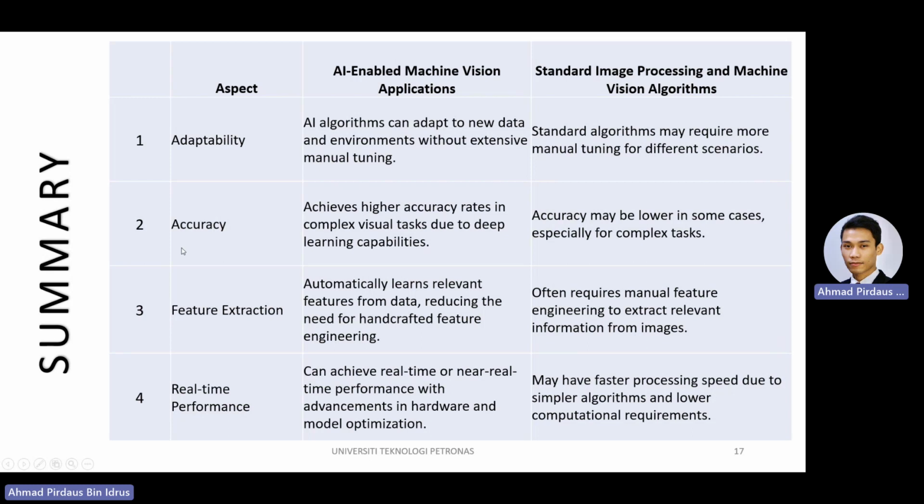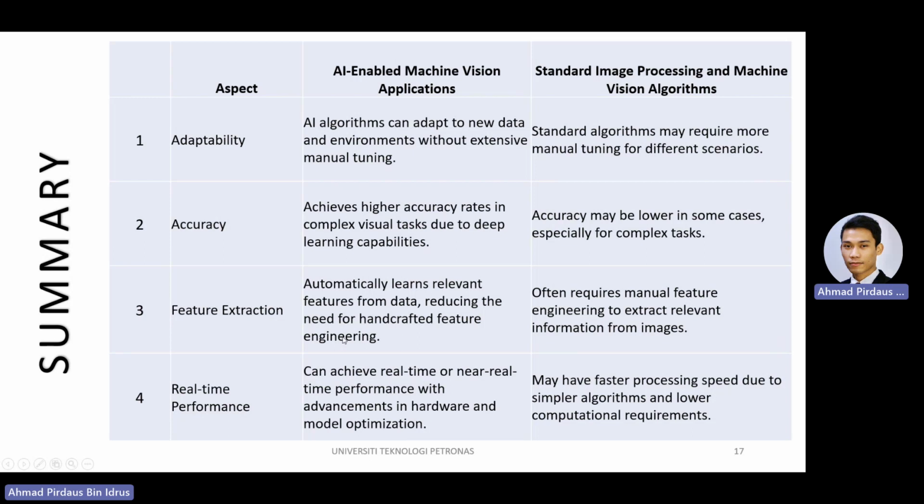The second is accuracy. The AI achieves higher accuracy rates in complex visual tasks due to deep learning capabilities, while the standard accuracy may be lower in some cases, especially for complex tasks.